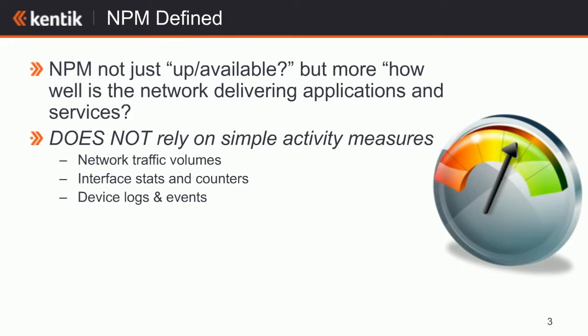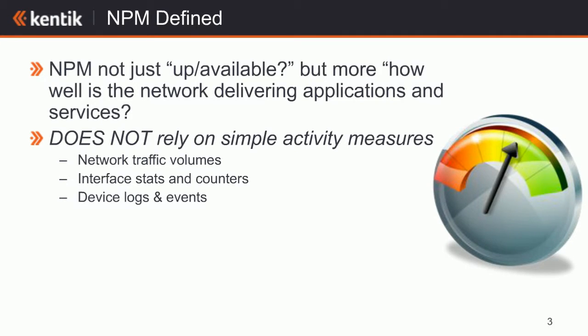Some things that you would see as typical activity measures on the network are not necessarily directly relevant to NPM. So this is not just looking at the traffic volumes or the counters or stats that you can get from interfaces, or even the kind of data you get in logs and events.